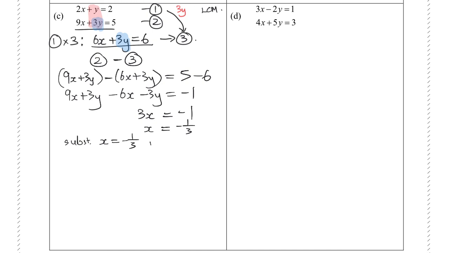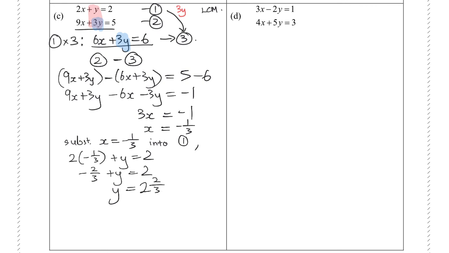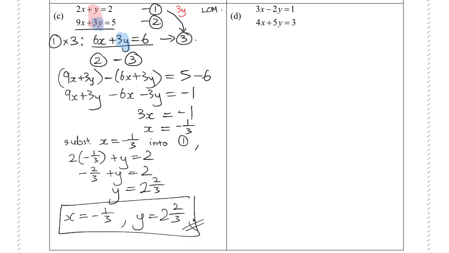You choose. I'm going to choose number 1. 2 times negative 1/3 plus y is 2. This is negative 2/3 when multiplied out. And y will be 2 plus 2/3 to get 2 and 2/3. Concluding, x is negative 1/3 and y is 2 and 2/3. Hooray!